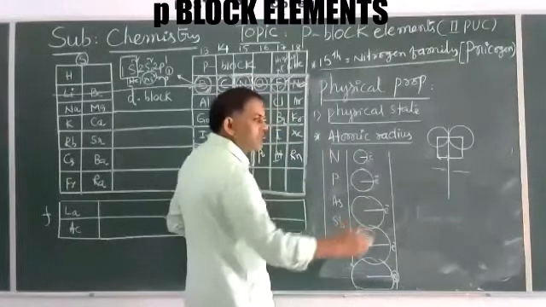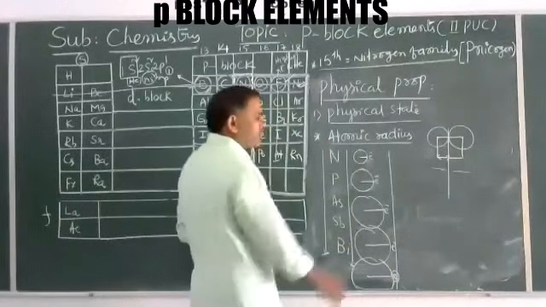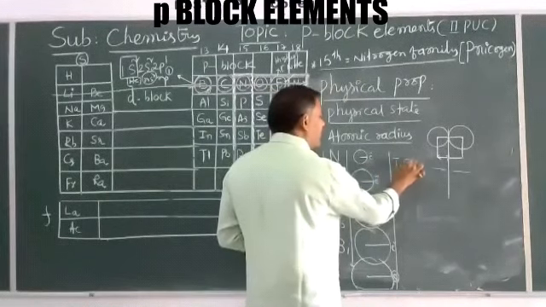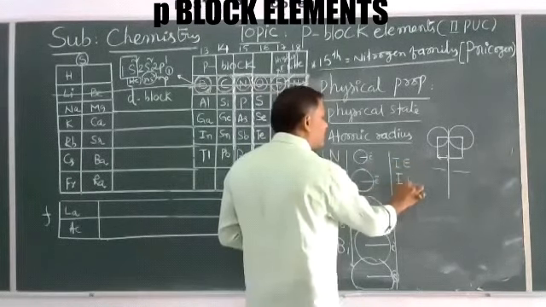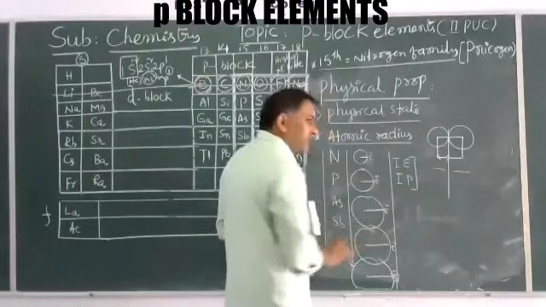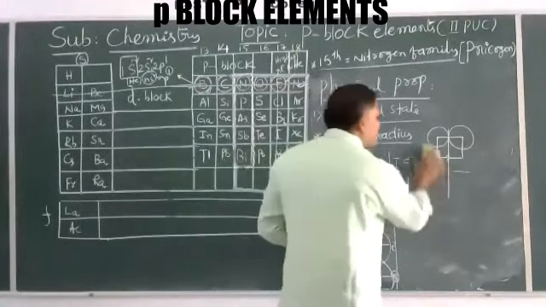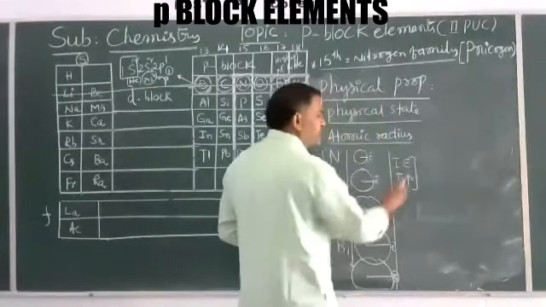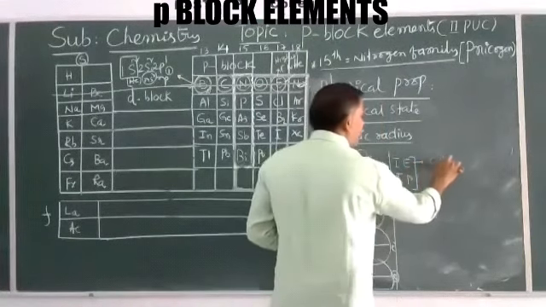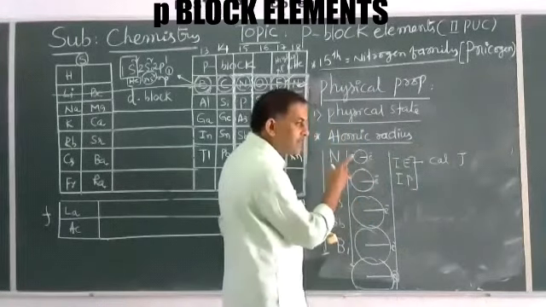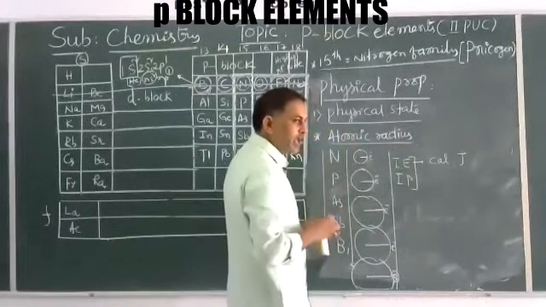That's why size increases. Due to this, ionization energy and ionization potential are the same, but if the value is expressed in terms of energy, in calories or joules, we call it ionization energy.